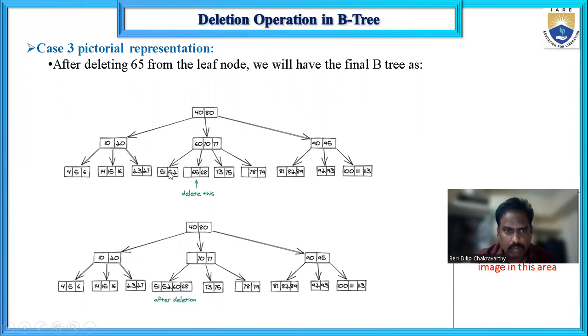So what we need to do is merge the nodes. Here we'll be merging these nodes, 51, 52, and 68. I'll be getting this 60 downwards. So this happened after deletion. I hope it is clear.